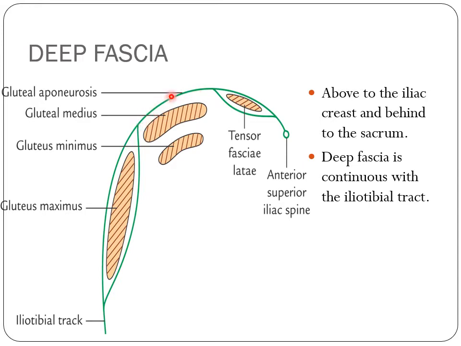The gluteal aponeurosis is the maximum thickness of the deep fascia, under cover of the gluteus medius and minimus. Further, it covers the gluteus maximus in both superficial and deep laminae of the deep fascia. Then it is continuous as the iliotibial tract. So these are the characteristic features of this deep fascia.